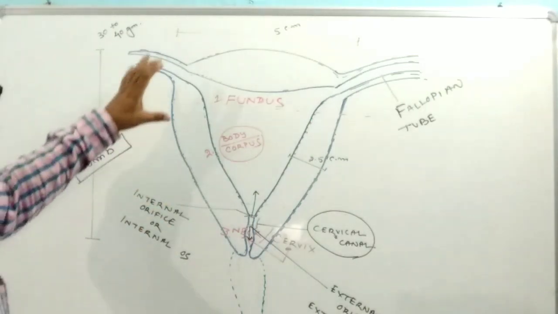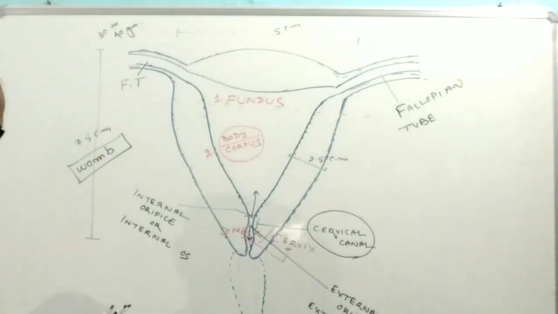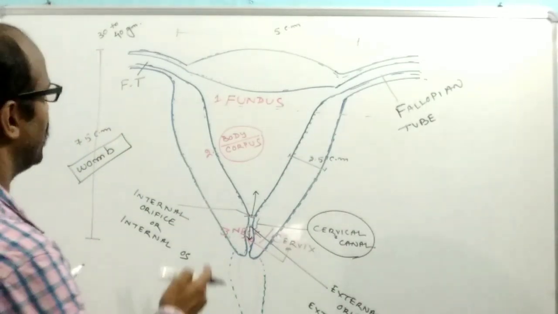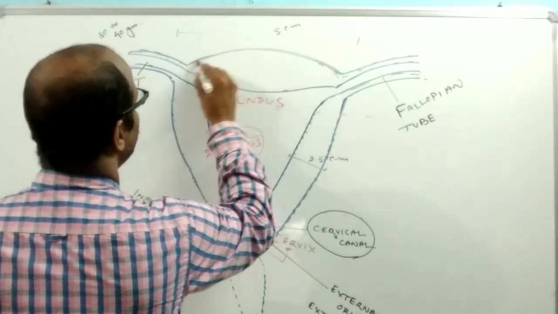Now come to the wall of the uterus. The wall of the uterus is very muscular, and it is divided into three layers.